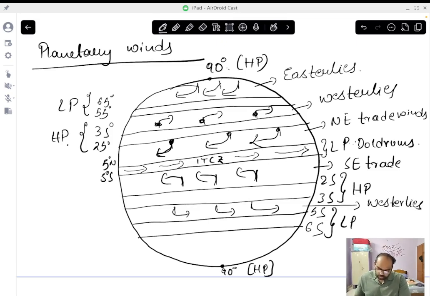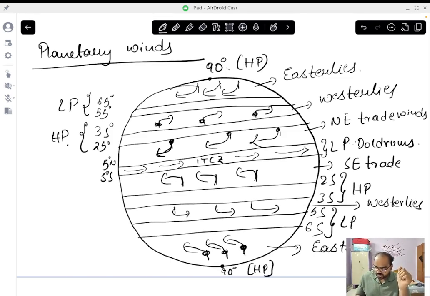And from polar high pressure, the winds travel towards subpolar low pressure and deflect again leftwards. As they are traveling from east to west, they are polar easterlies.